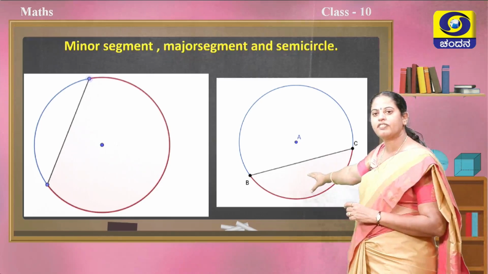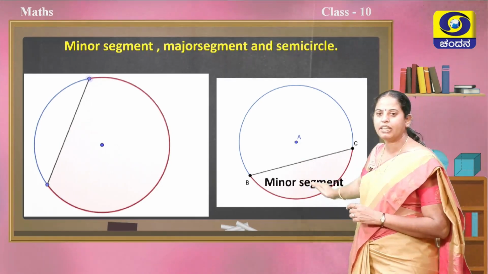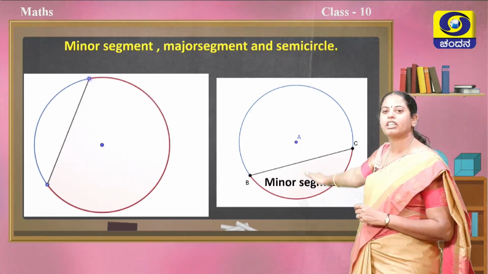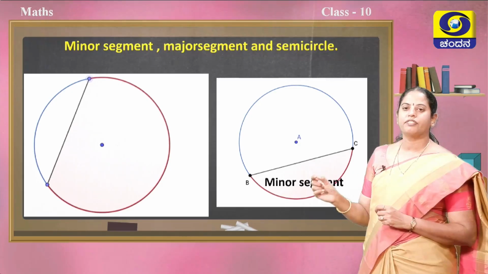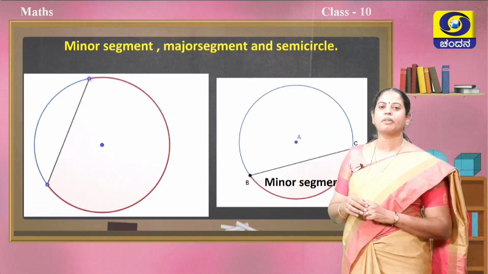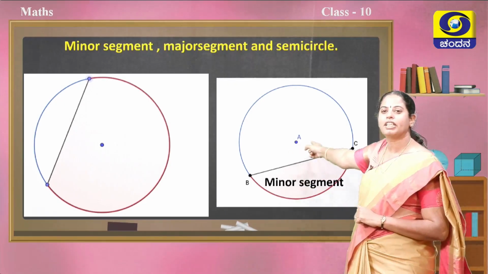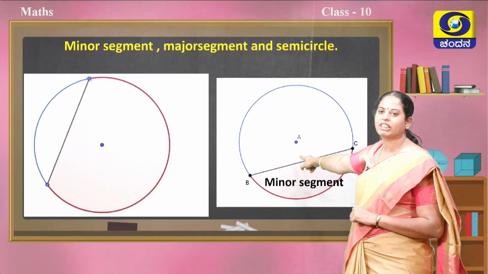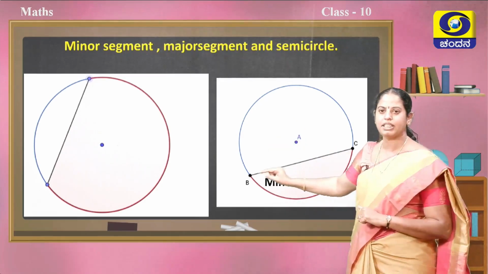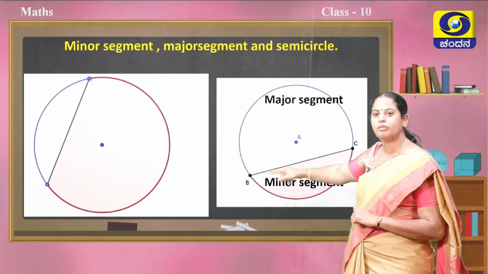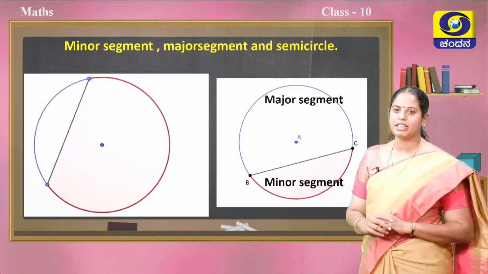We call the part of the circle bounded by a chord and an arc a segment, but if it is bounded by a minor arc and chord, it is a minor segment. Yes, you are right. And it is very easy to remember the major segment, because in the major segment we observe the center. The center of the circle always lies in the major segment. The part of the circle bounded by the chord and the major arc is called the major segment.